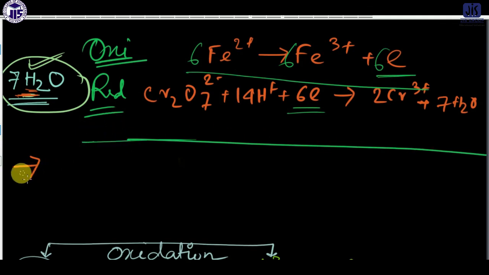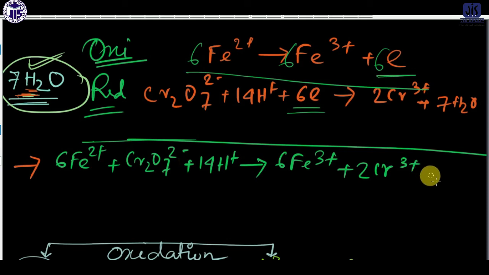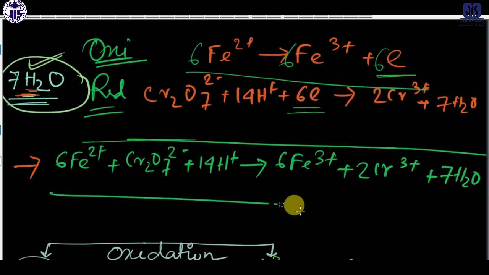If we write down the final equation, then it will be 6 Fe2+ plus Cr2O7 2- plus 14 H+, it gives 6 Fe3+ plus 2 Cr3+ plus 7 H2O. So this is the full reaction.